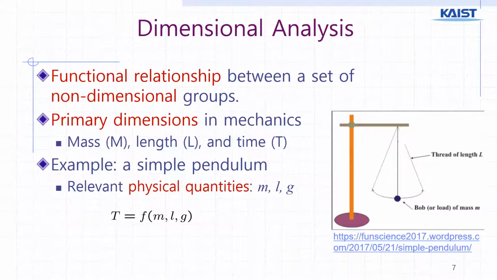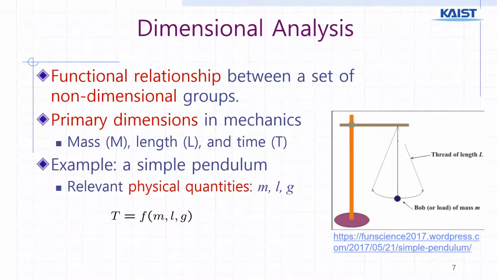And dimensional analysis. So what is dimensional analysis? I guess you already learned about this, but probably it was not easy to understand. So I just remind you, I will not explain fully. This is a functional relationship between a set of non-dimensional groups of dimensions.